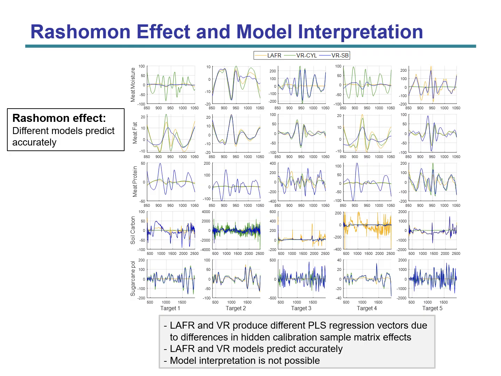So we got totally different looking regression vectors, and yet they all predict accurately, and that's something that's become known as the Rashomon effect in machine learning. Because of that, from our lab, we don't think you can really interpret these regression vectors, because I could come up with other regression vectors that look different, with different peaks, places, shapes, and magnitudes, and yet they all predict accurately.